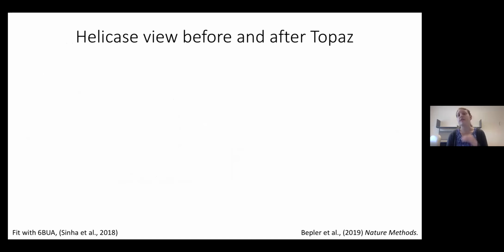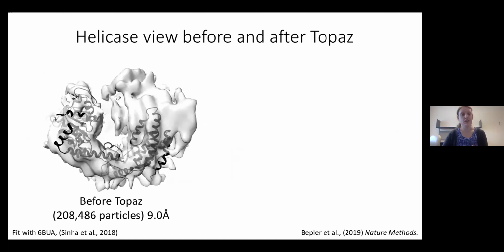Now looking at the 3D classification level, we can see that before Topaz, I had a total reconstruction of 9 angstroms, where at the helicase level we see a very large extra density coming off of the helicase domain, which we first attributed to likely being R2D2 and the siRNA, but it seemed too large overall, and it was a little bit spiky.